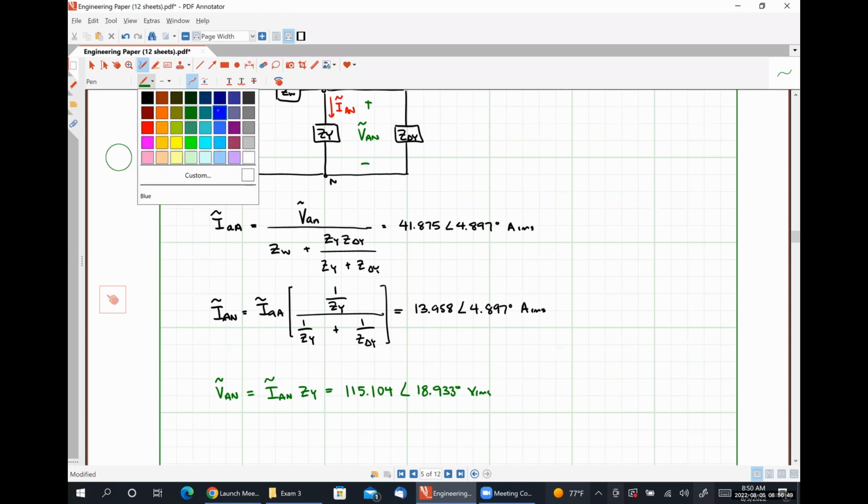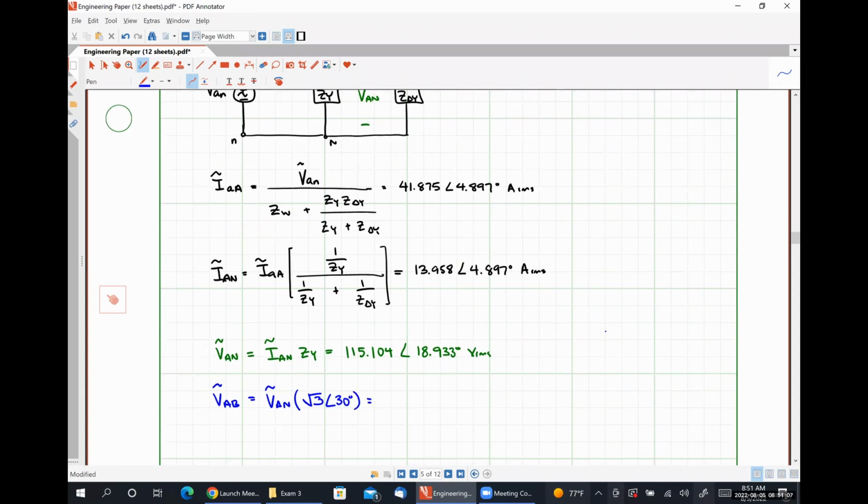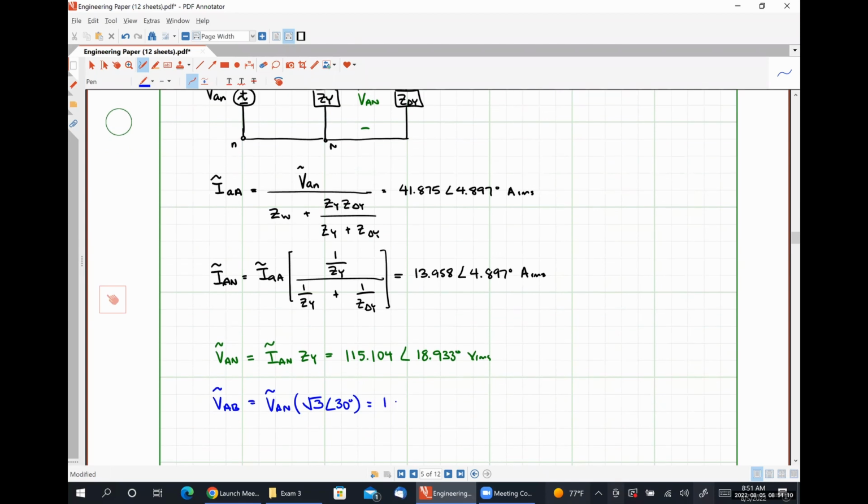From here, our line voltage VAB must be VAN multiplied by √3 angle 30 degrees, which in turn gives us 199.366 angle 48.933 degrees volts RMS.